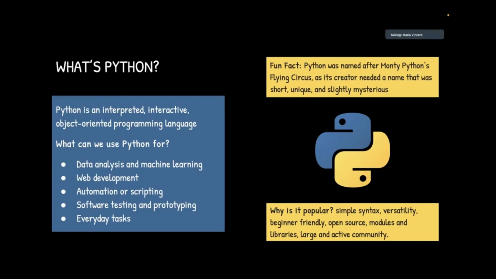Python's also used to create prototypes of software and to test it, and for general everyday tasks, to make some amount of processing and system operations a little easier. And a fun fact is that it got its name from Monty Python's Flying Circus, because the creator really liked the show and wanted a name that was short and mysterious, something that would immediately strike a chord with its users.